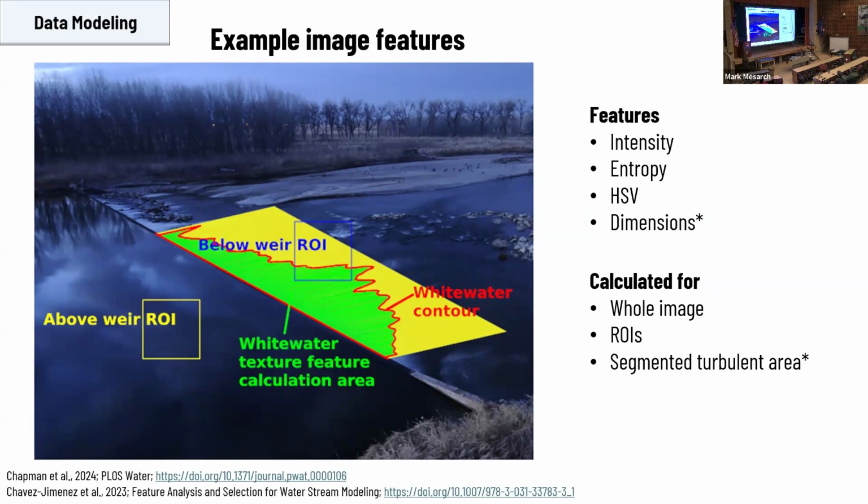In that project, what we did were basically what we called handcrafted features, because we identified these regions of interest, upstream of the weir, downstream of the weir. We saw that the water texture was different upstream and downstream depending on the flow rate. We thought that might have information there. Similarly, we looked at this rectangular area downstream of the weir, looking at how much of that was turbulent water at any given time.